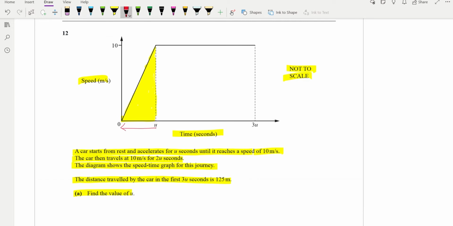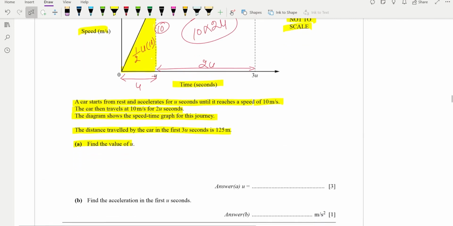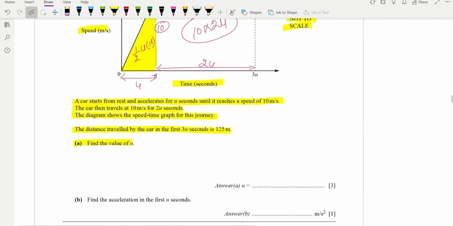So this length is u, and this one is 10, so it will be half into u into 10. The area for this one will be what? This length will be 2u, and this height will be 10, so this will be 10 into 2u. This will be the area of this portion. Now we can write an equation which is equal to this many meters.